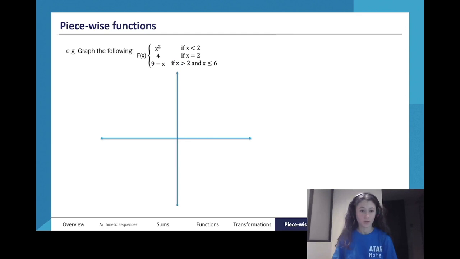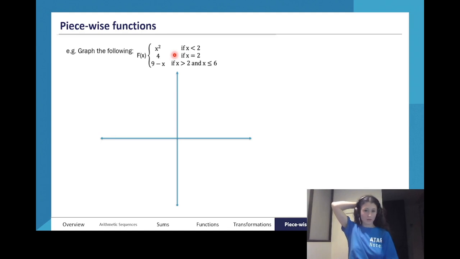So, what we can see here is firstly the notation for piecewise functions. For the notation, we have this big curly bracket, and then we have each of the functions that we want to graph, and then next to them we have the domain. This is going to be the x intervals for which the function exists.